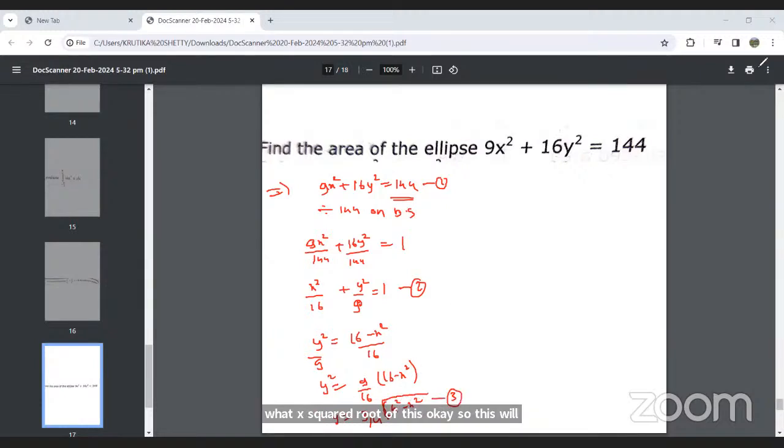This is equation 3. Now in the figure, the figure is very simple. Again, it is in standard form, so the same figure we need to consider.